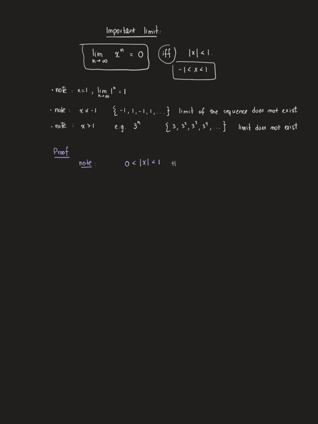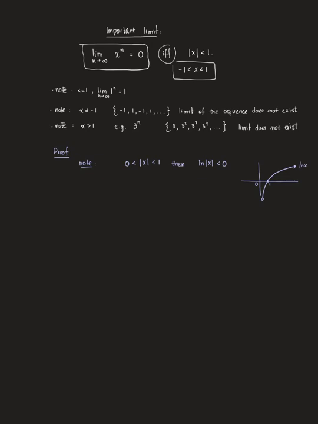Then we know that the natural logarithm of absolute value of x will be less than 0. Just a quick graph to show you why that is. The natural log function looks like this. When x is between here's 1 and here's 0, you can see that the values of the natural log function are below the x-axis between 0 and 1.